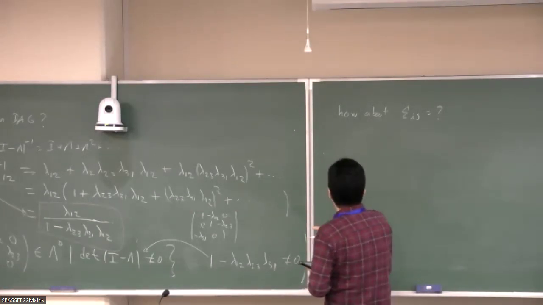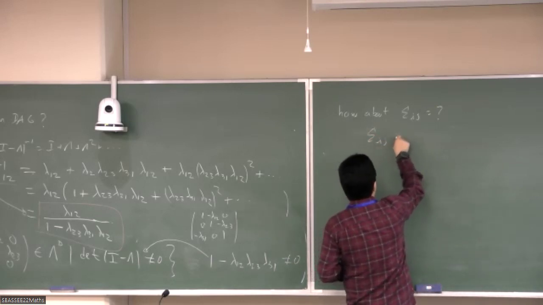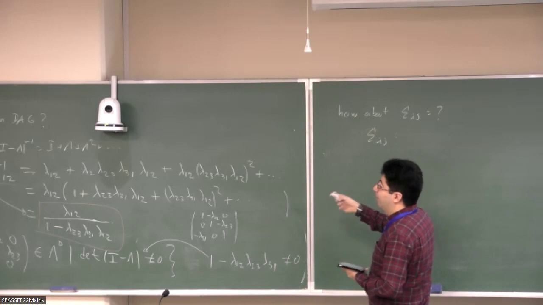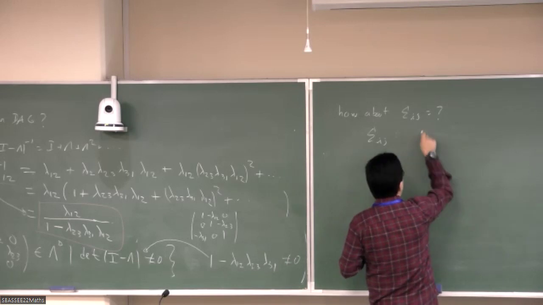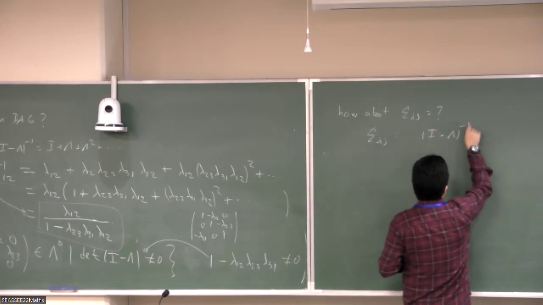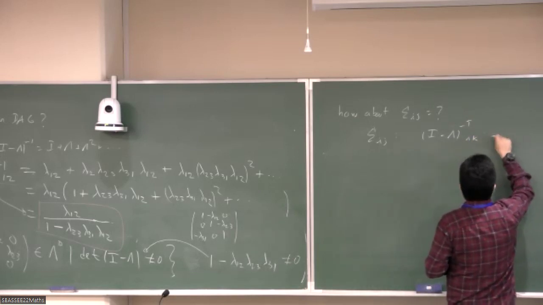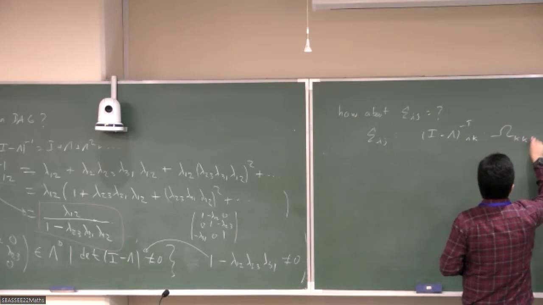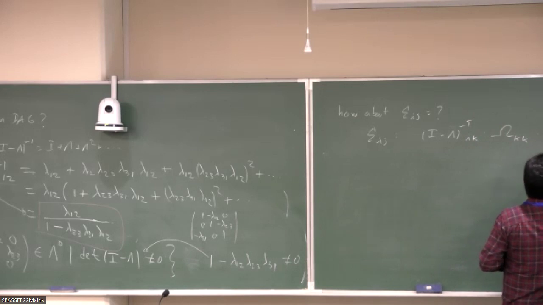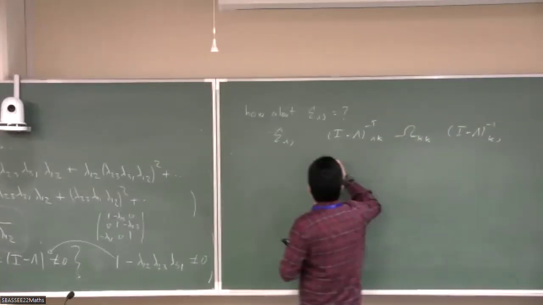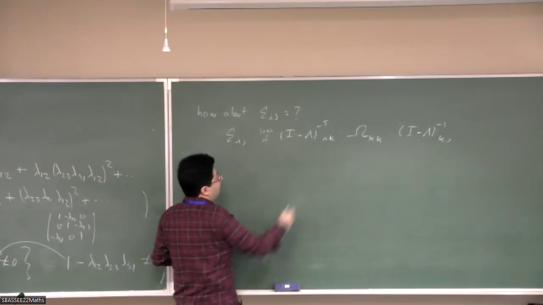Everything just comes from understanding what sigma_ij is. It's going to be a sum of products of three things: on the one hand, some entry (i,k), then the entry from the omega, and then again an entry from (identity minus lambda) inverse, (k,j). So it's sums of these kinds of products.